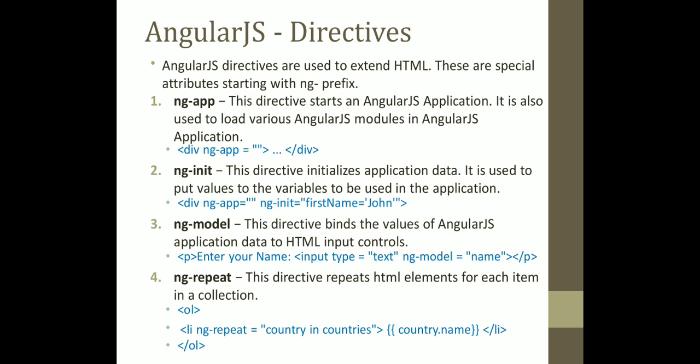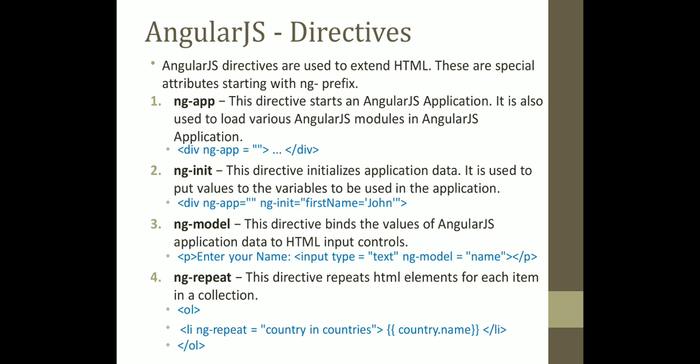In the example, we can see how it can be introduced in the application. We have used a div, then div space ng-app equals to an attribute name. Okay, there you have given double quotes that are blank. You can define it on your own.